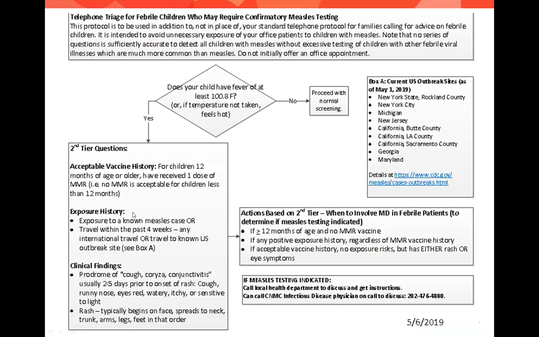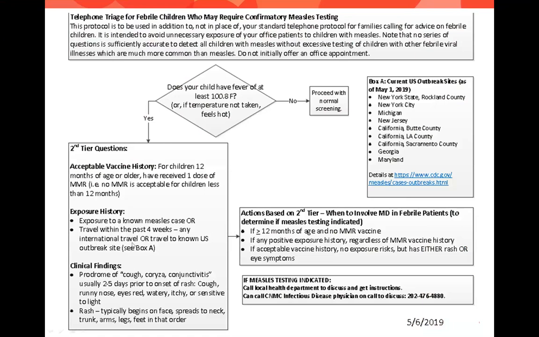So the second-tier questions involve if the child has been vaccinated or not. The definition of an acceptable vaccine history is here. Exposure, so we want to know if there's been any exposure to a known measles case, or if the child has gotten a letter from the Department of Health or looked online and saw they were at a certain area where there had been a person with measles, or if there's been any travel within the past 4 weeks.